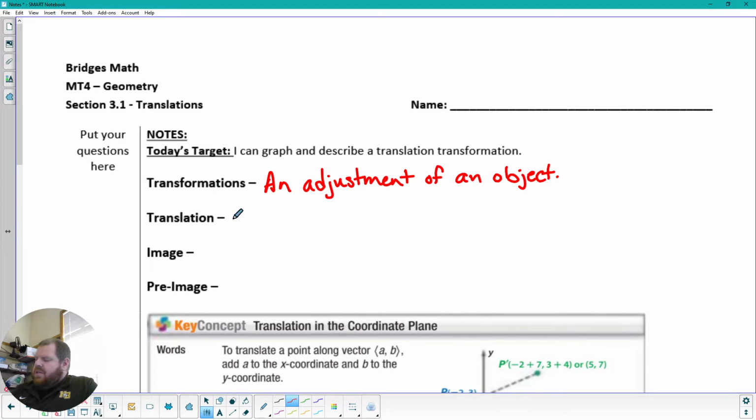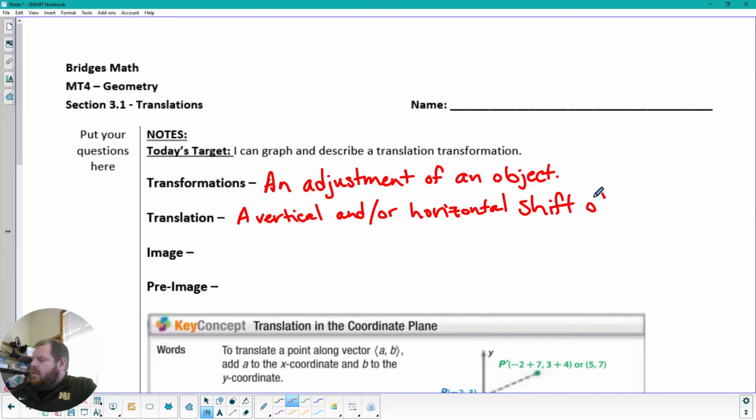A translation is a vertical and or horizontal shift of the object.